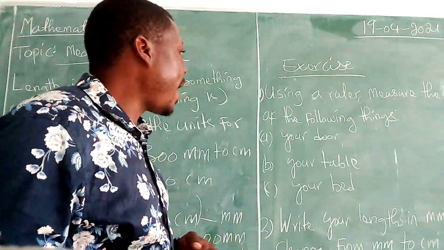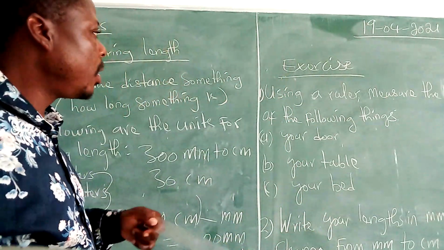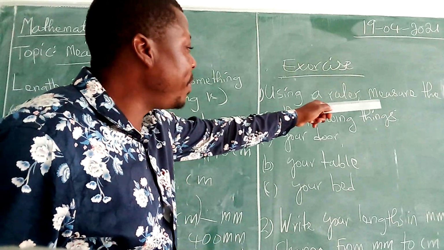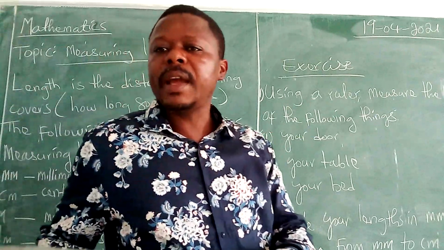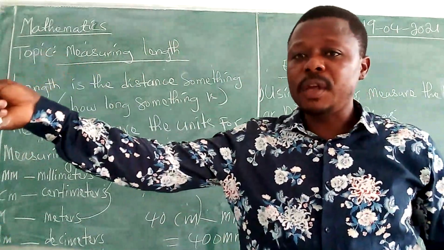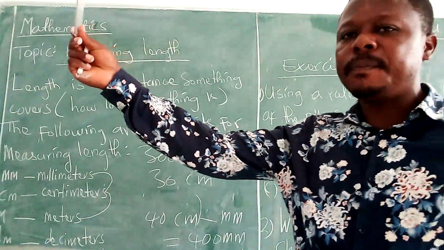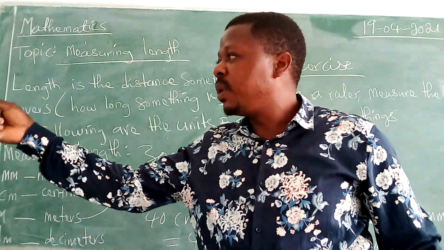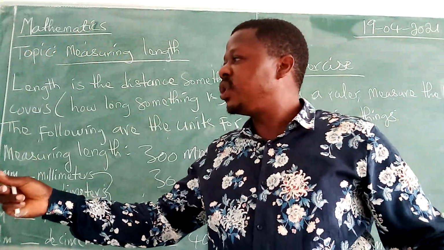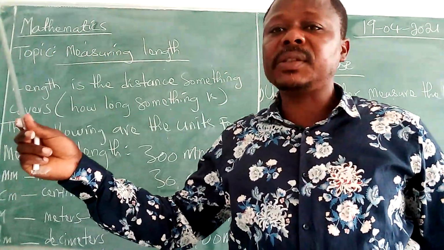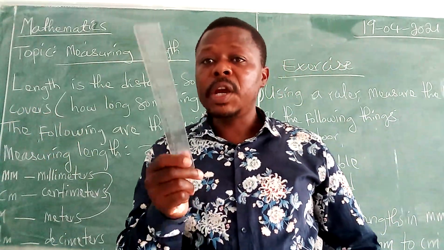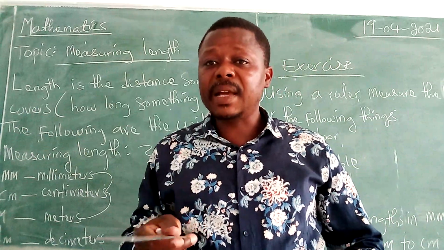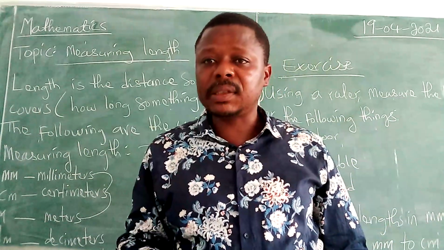For the homework I have given you as exercise, you are going to use your ruler to measure the length of the following things. The length of your door, like our class door, you have a door at home. Your ruler is going to give you the distance. You will see how many centimeters your door has, and you are going to convert those centimeters into millimeters and into meters.